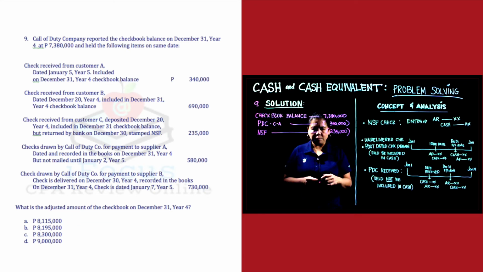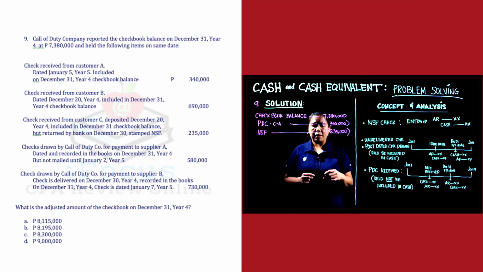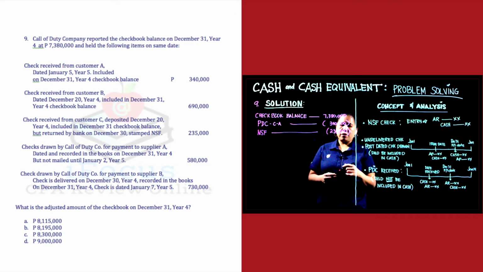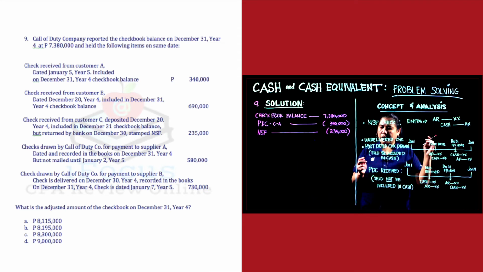Another item is checks drawn by Call of Duty Company for payment to supplier A, dated and recorded in the books on December 31st, year 4, but not mailed until January 2nd of year 5. So, this one is undelivered check. So, anong gagawin natin sa undelivered check? Supplier A, hindi niya may cash yun kasi wala pa sa kamay niya. Alright? Kasi nga, undelivered check.